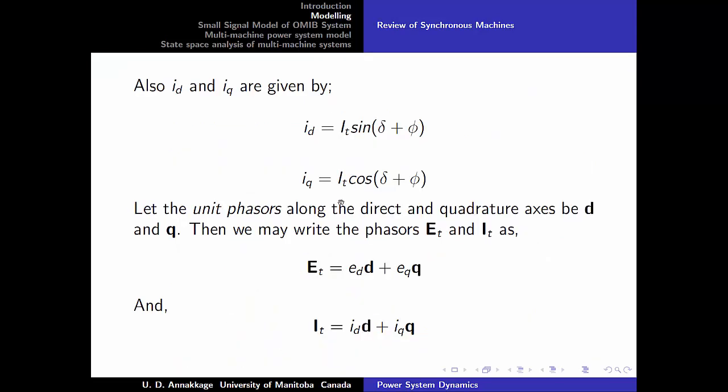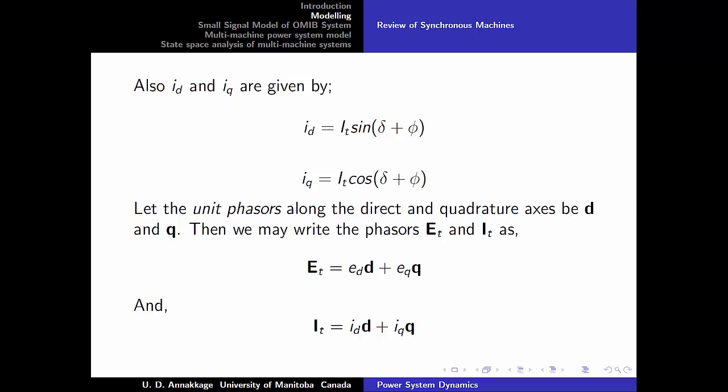Also, ID and IQ are given by ID equals IT sin delta plus phi and IQ equals IT cos delta plus phi. Phi is the power factor angle. Now let the unit phasors along the direct and quadrature axis be D and Q in boldface.